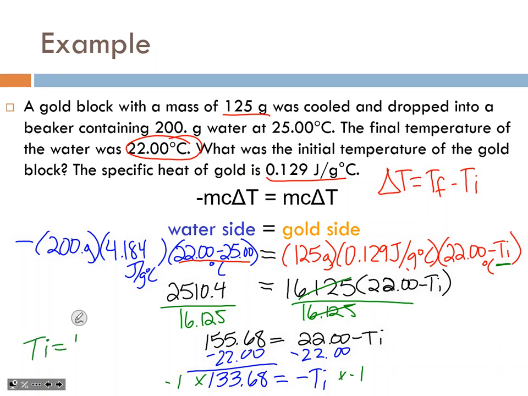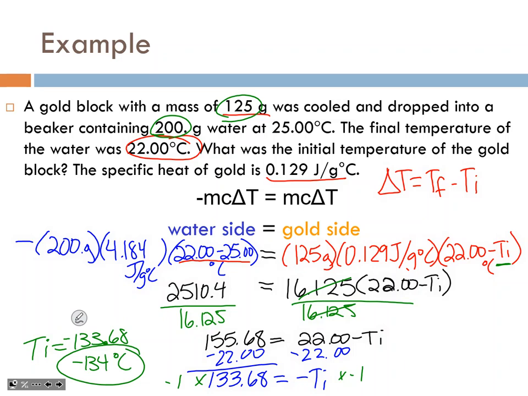And then TI is negative 133.68. But with all that fun algebra and narrowing it down, the masses are 3, so I would just go with 3, make it negative 134 degrees Celsius.